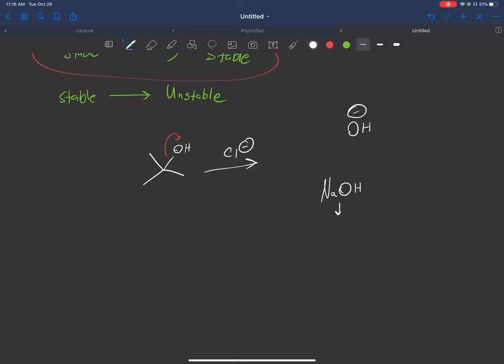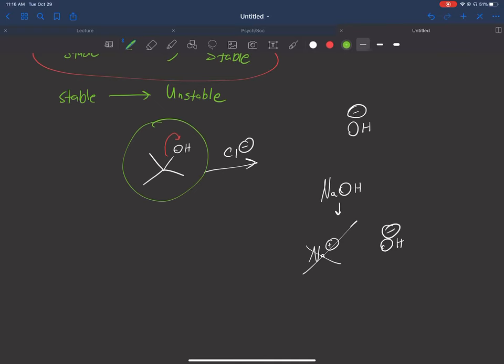You know NaOH from Gen Chem and now you know that it's a really strong base. You know that when I put it in water or something, you get Na plus, which doesn't really do anything, and OH minus, a super strong base. Well, think of it this way. A strong base is going to react really quickly, right? So that means it's more reactive as OH minus than it would be right now.